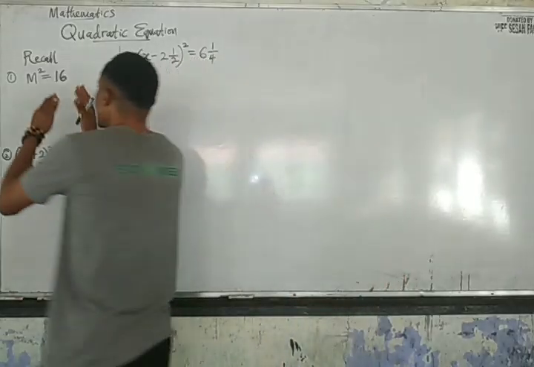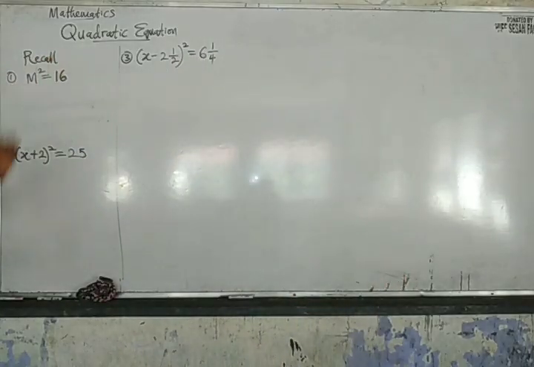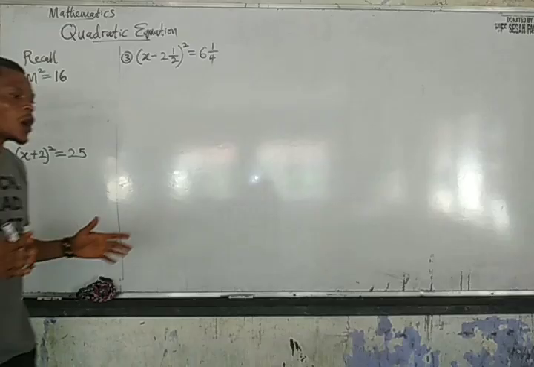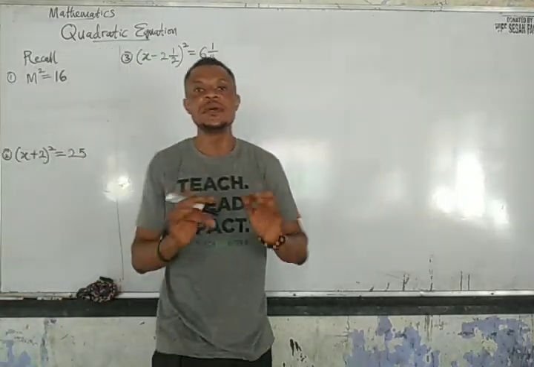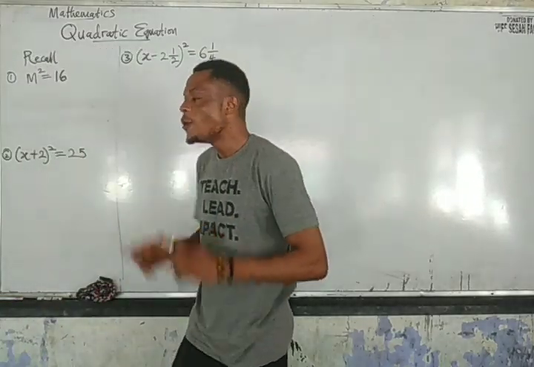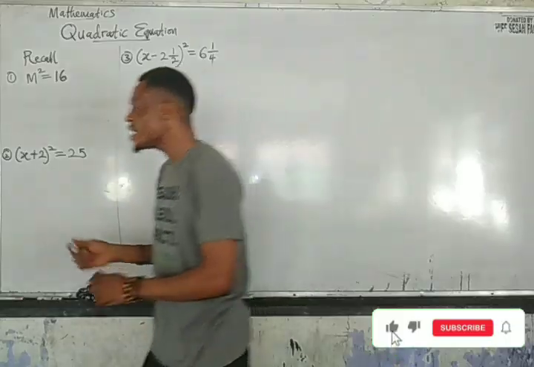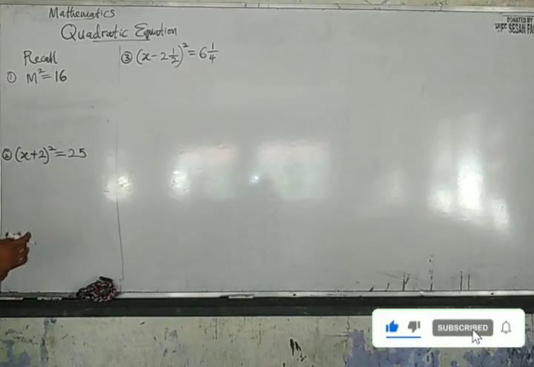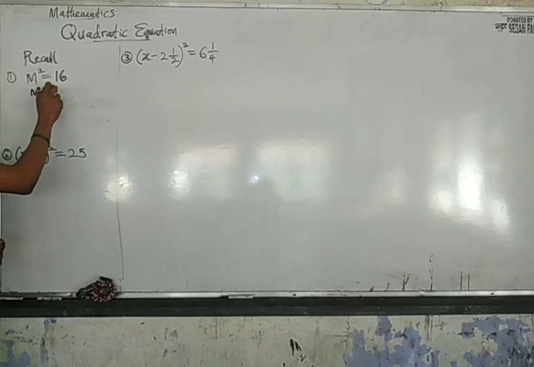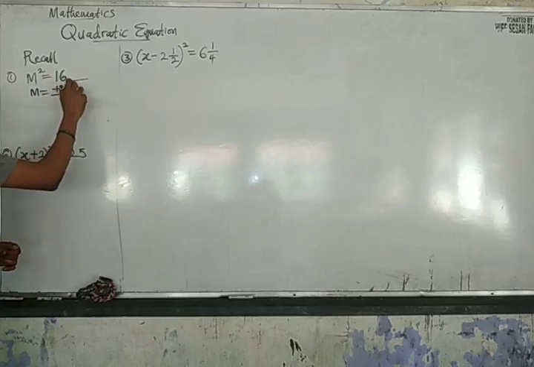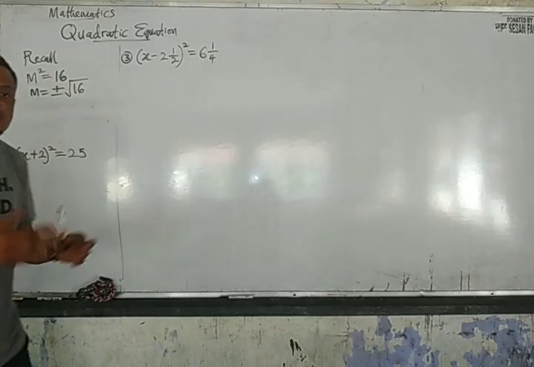Looking at this, m squared equals 16. Sure, to get our m is going to be the square root of 16. But this time around, let's move a little bit advanced beyond that. I can say my m is going to be plus or minus the square root of 16. What does this imply?